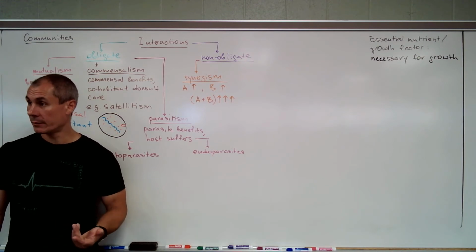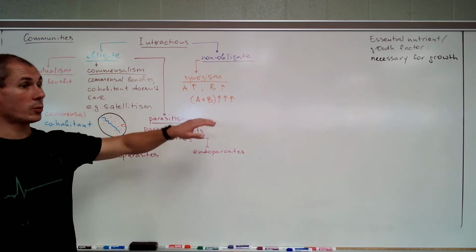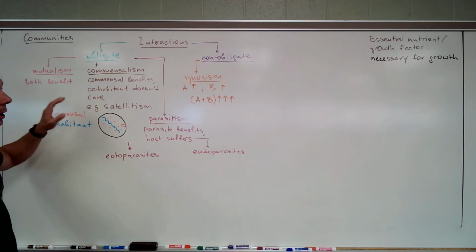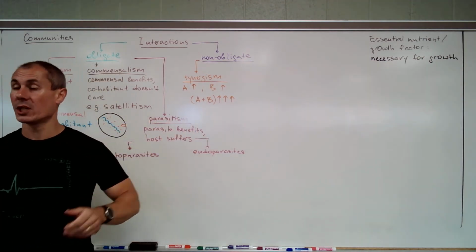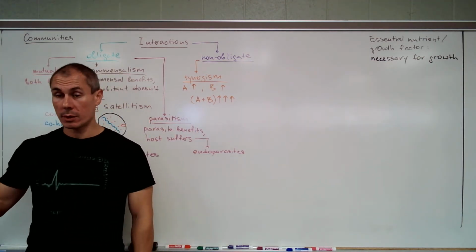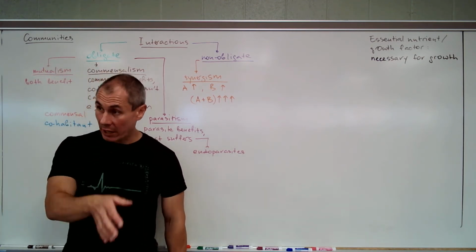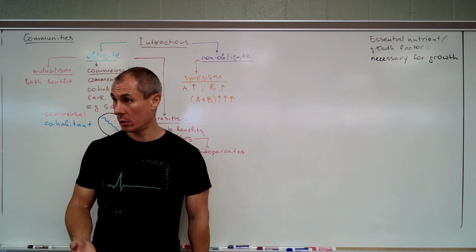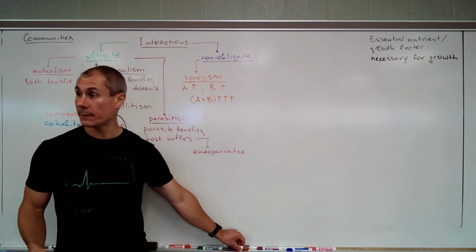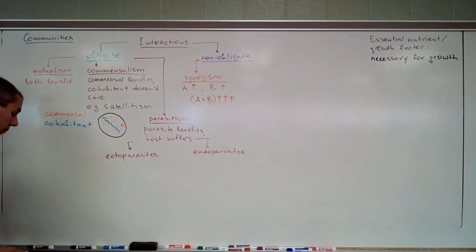Does that make sense? So you see the difference between synergism and mutualism. In synergistic relationships, each microorganism can grow independently. But when they are together, they grow much better. Are we clear about that? Okay, cool.